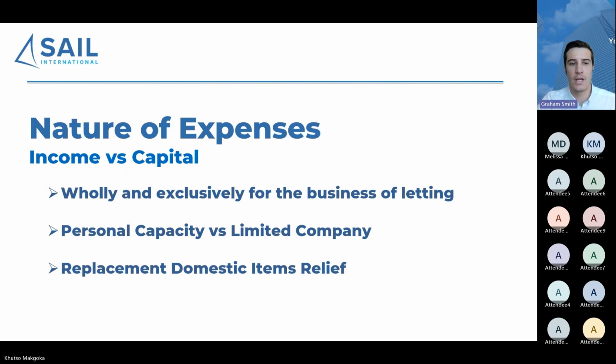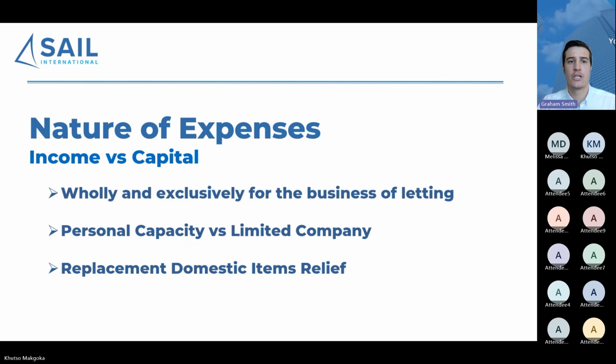However, certain expenses can be apportioned based on the private percentage or the business percentage that would be allowed. However, they must still be in line with your letting business. So you cannot just claim a general expense and claim a portion of it. It must have a real business element. Some of these normal income expenses are things such as repairs, agent fees, commissions, water, electricity, and so on.